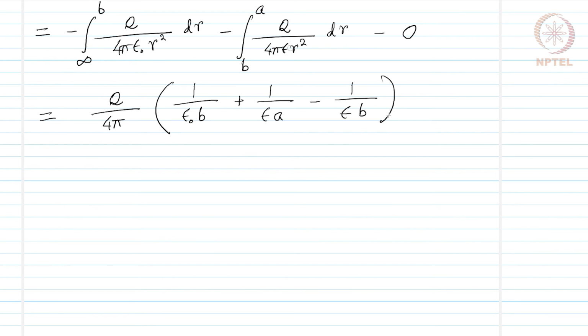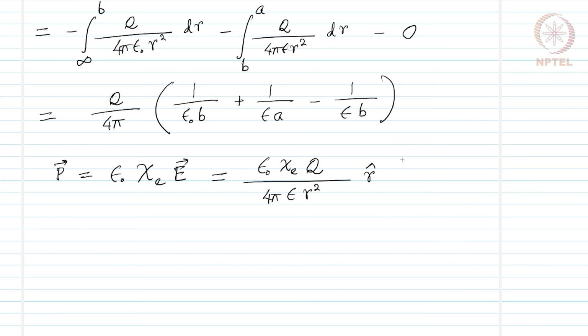Once we have found the potential, we also have found the electric field. We can write down the polarization vector as epsilon naught chi e times the electric field, and that turns out to be epsilon naught chi e times the total charge q over 4 pi epsilon r squared r cap.